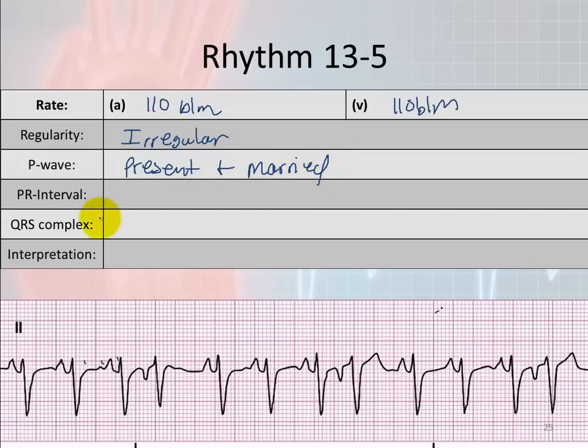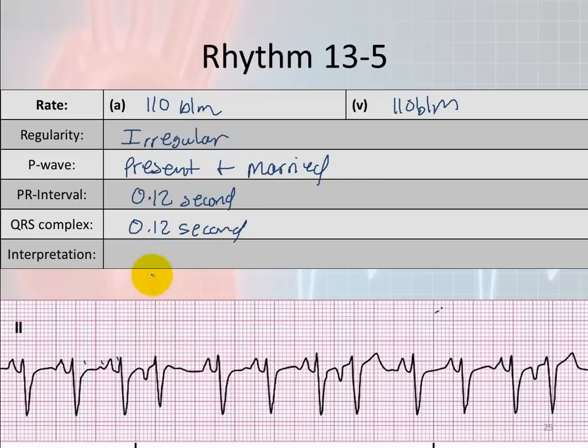The PR interval looks normal, 0.16 maybe, actually 0.12 second. The QRSs look a little bit wider than they're supposed to, so I'm saying they're pushing 0.12 second also.